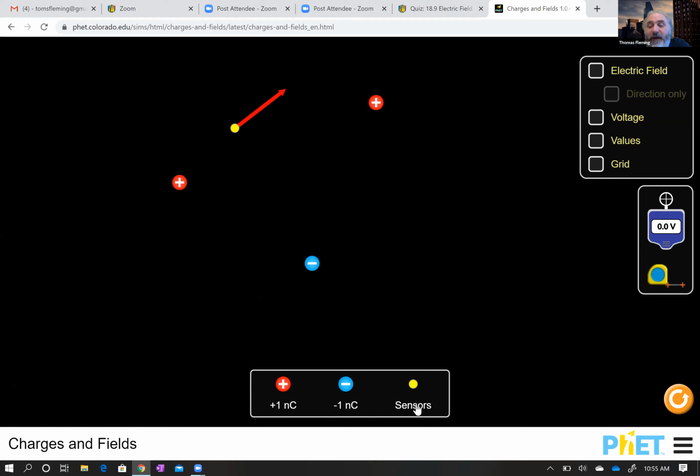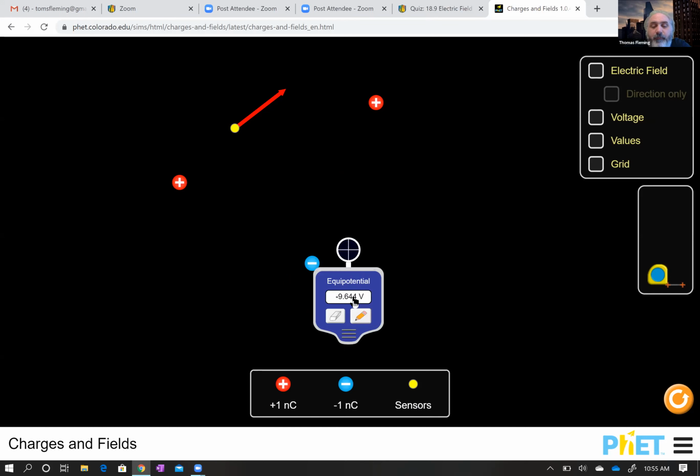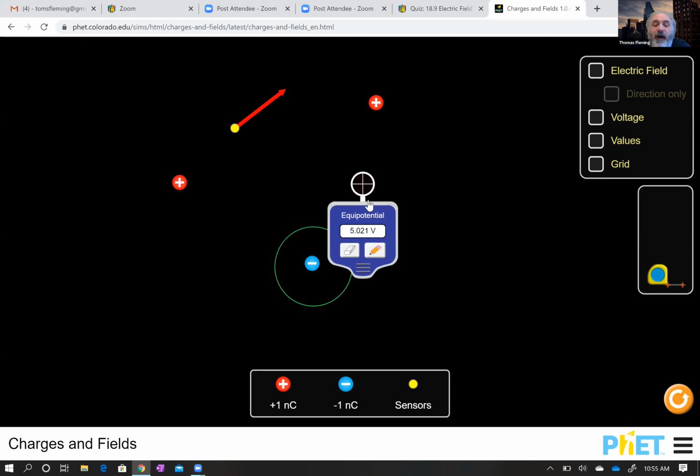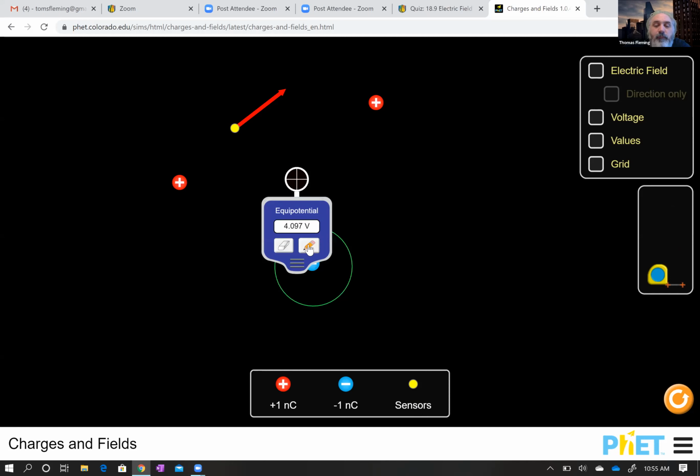It also means that my equipotential surfaces are more complicated. Sometimes they're going to look roughly circular like this. Other times, they're going to be weird.